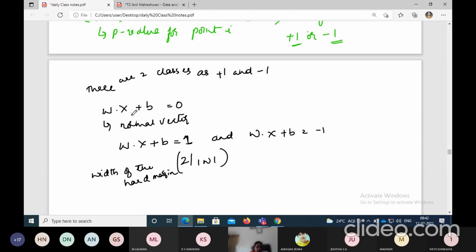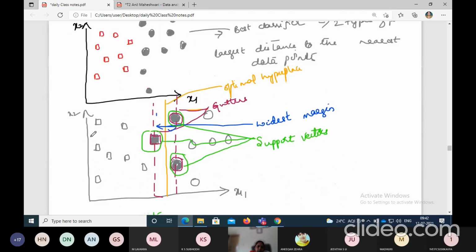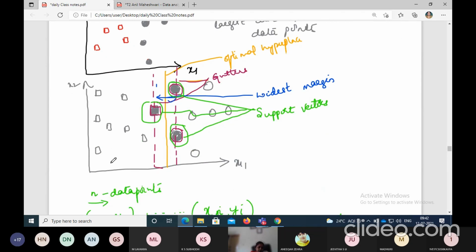So for all the points which are not on the hyperplane, here we could see there were some 5 circles and some 7 rectangles or squares, they will be safely in their own classes. So the y values will be either greater than 1 for the points in the class +1, or less than -1 for the points of the class -1.